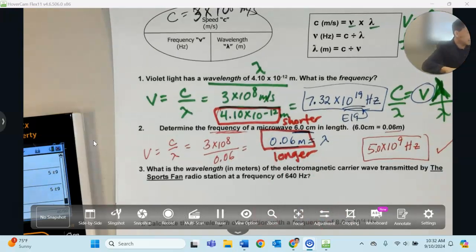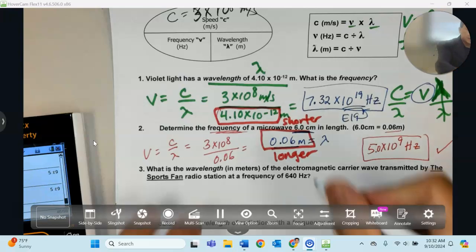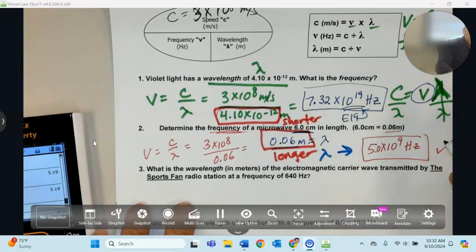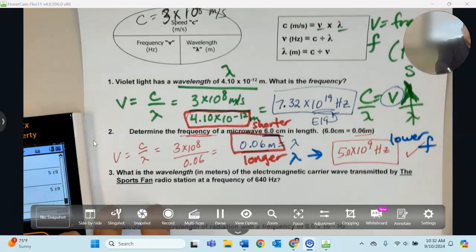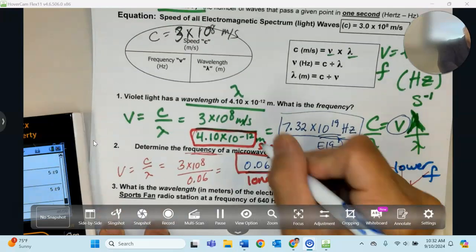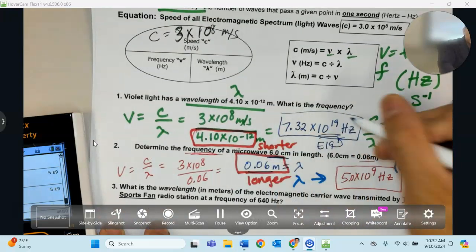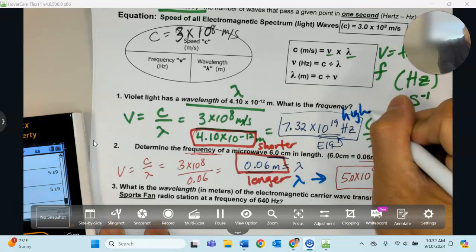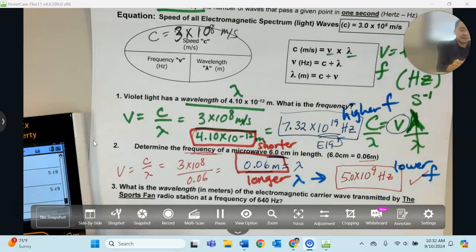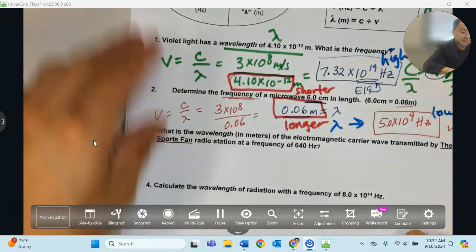Look what happened to the frequency. Longer wavelength, lower frequency. Let's switch back to F because it makes more sense with F is frequency. Okay. So shorter wavelength, this is higher frequency. Okay. So that's the point we want you to get there, right? So you see that again down here.